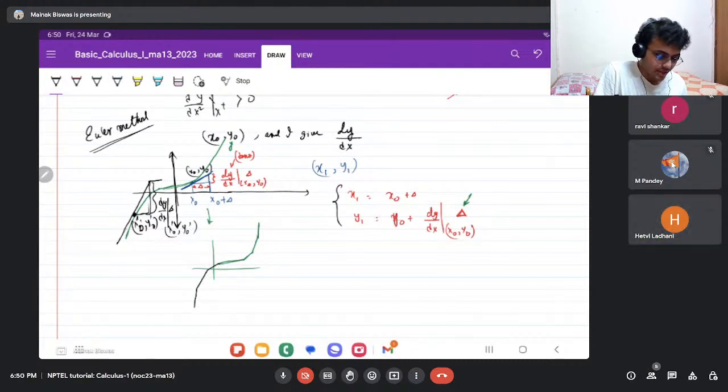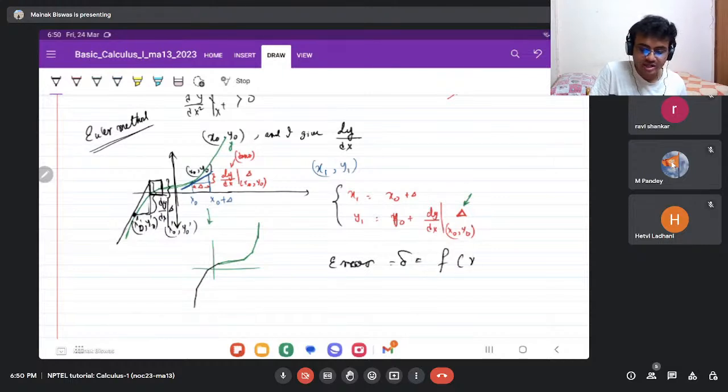Yes, sir. And then this would be your error. Your error can be either negative or positive. So your error, which I am writing as delta, is defined as the actual value of the function at x plus delta minus f of x0, which is df at x0, y0, right?